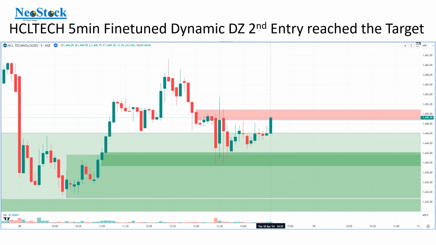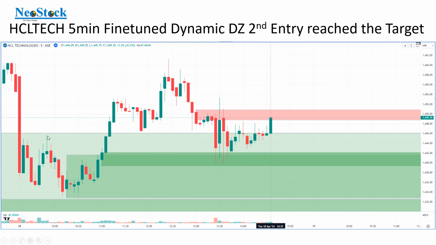That is the reason why always in the live market you should also focus whether any dynamic zones are getting created. That means new zones are getting created in the live market. What kind of zones? Fine-tuned zones. Inside a 15, a new 5-minute zone can be created.